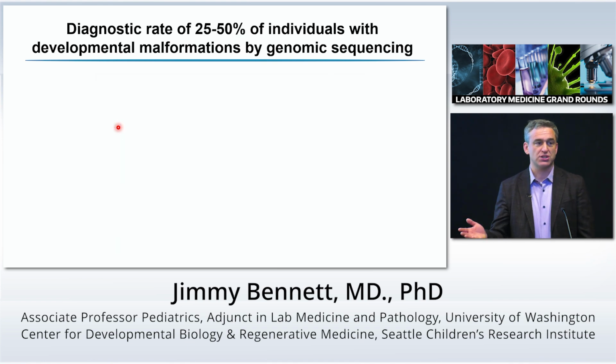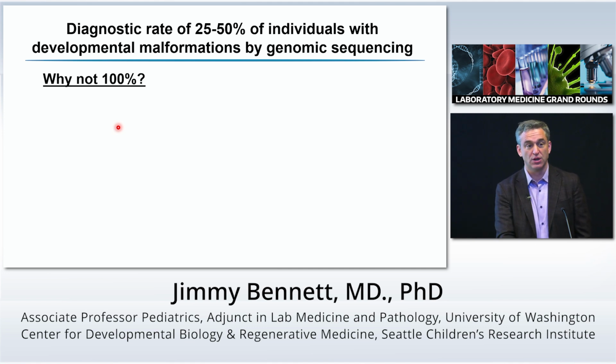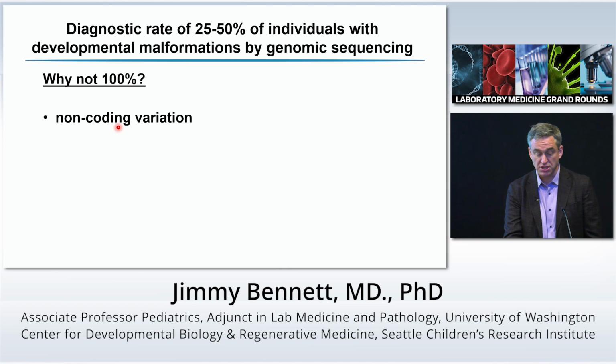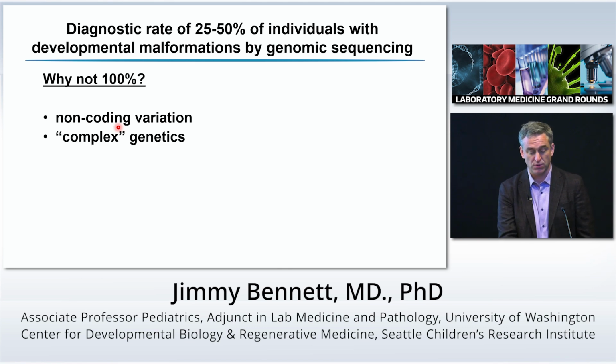So if we go back to the question I posed at the beginning, why is the diagnostic rate of genome sequencing only 25 to 50%? Why not 100%? There's a couple of reasons for this, and this is an active area of human genetics. Certainly non-coding variation is understudied, and there are a lot of variants that are not in genes that could contribute to disease, and people are working on that.